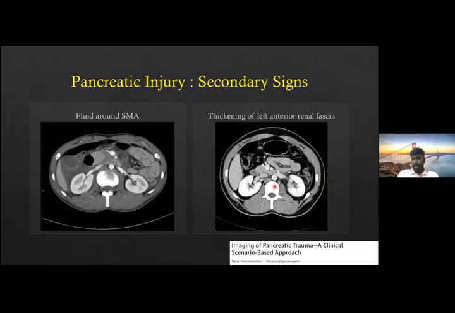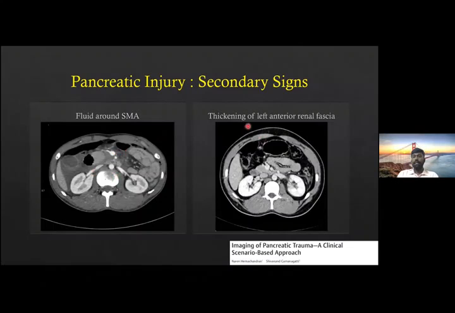So these were direct signs that we have seen. However, there are some subtle signs which can help in aiding the diagnosis of pancreatic injuries. So the presence of fluid around the SMA, which cannot be explained by any other associated injury, then you should have a high index of suspicion for pancreatic injury, and the patient should undergo an MRI.